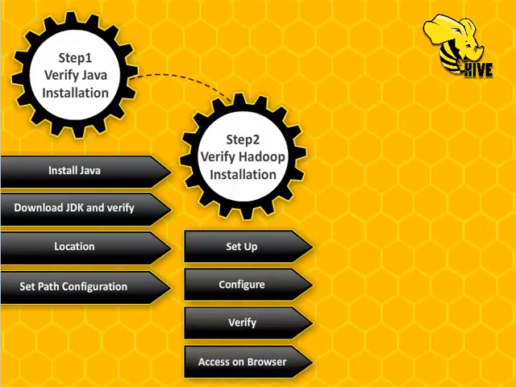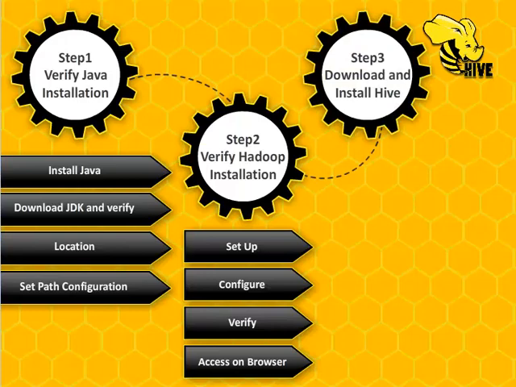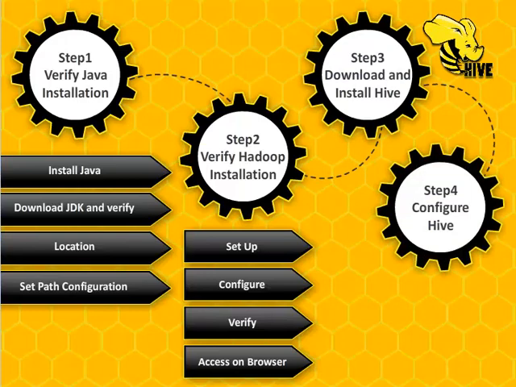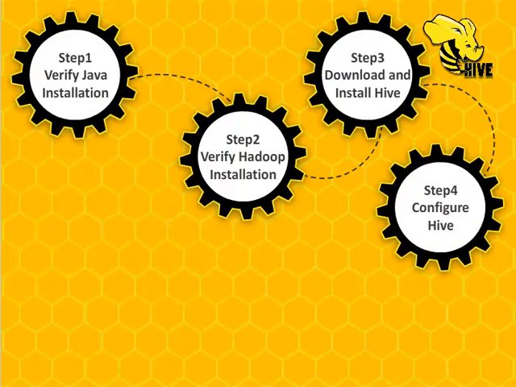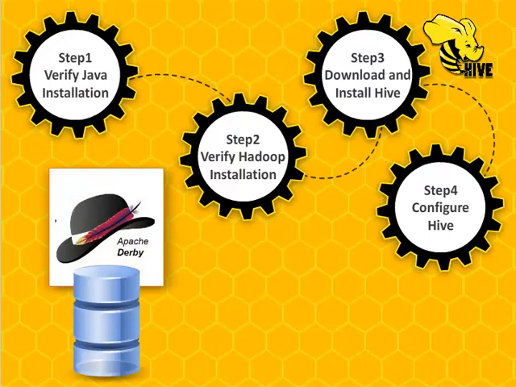The next requirement is to download and install Hive, which will be followed by configuring the Hive setup installation. After successful installation of Hive, you need an external database server such as Apache Derby to configure the metastore of Hive, followed by verifying the Hive installation before running it.